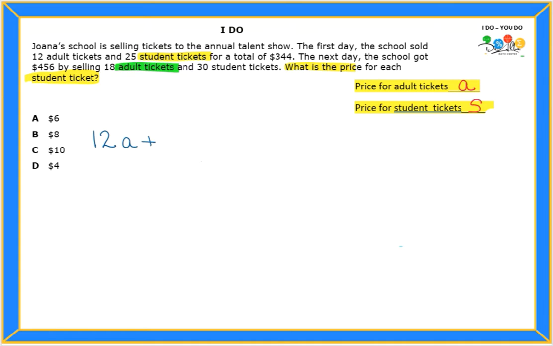What about the student tickets? Well, they sold 25, and the price for each one is going to be represented with the S, and all of that is going to equal $344. That was the first day, right? There's a 344, but that was for the first day.